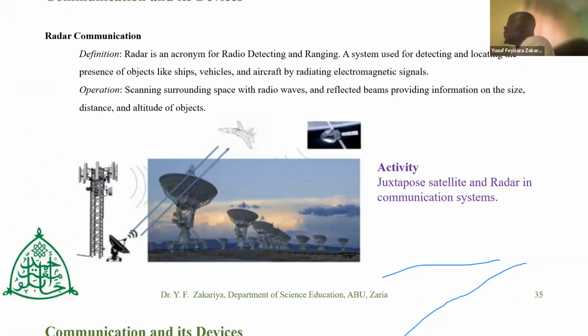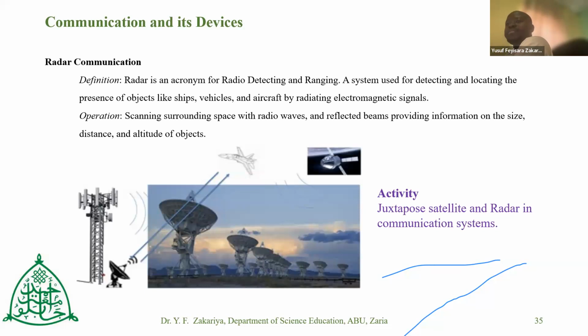Many airports use radar to track planes both in the air and on land, and NASA also uses radar. Both radar and satellites can detect stationary and moving objects, but the display differs from one point of view to another. Thank you very much for the contribution.